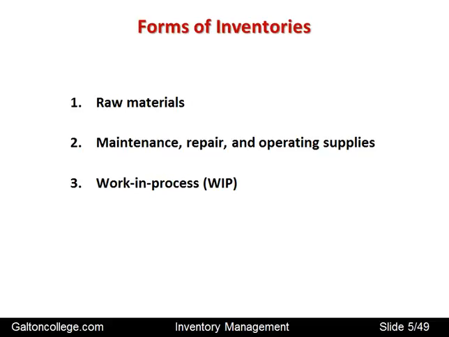It's items which are in a semi-finished state, and they may be held in the stores, and when orders come in the future, these items are brought back and then completed and dispatched to the customer. So work in progress is semi-finished work. Some items have some work done on them, but they are not complete, and they're held in the stores.